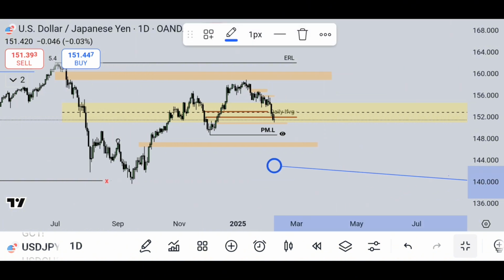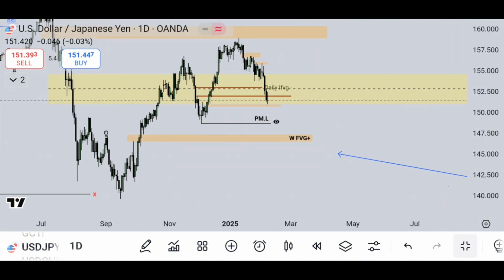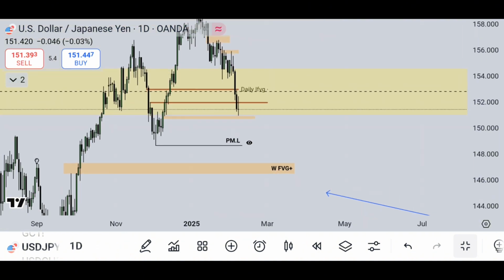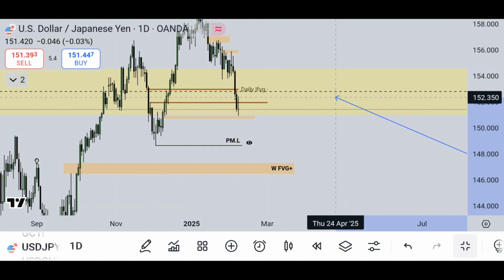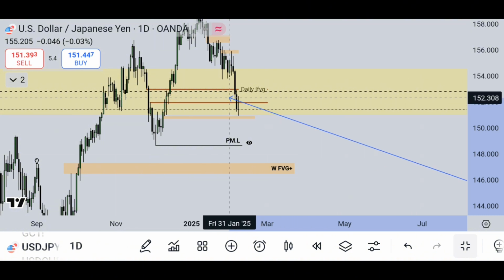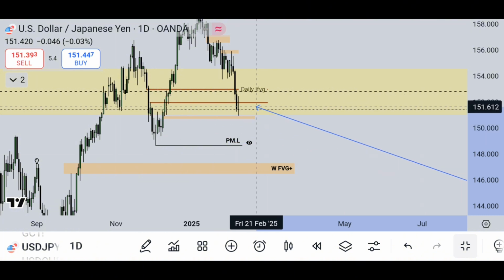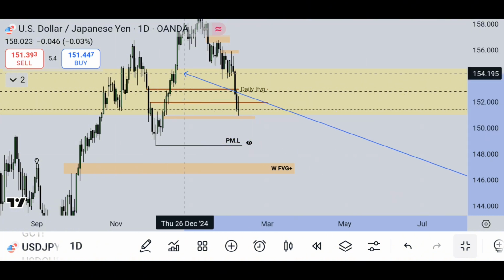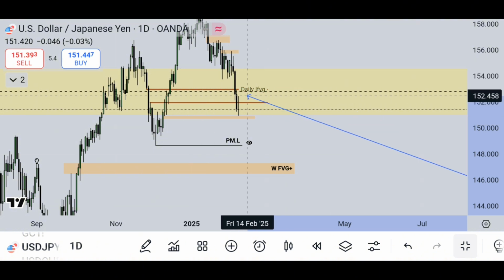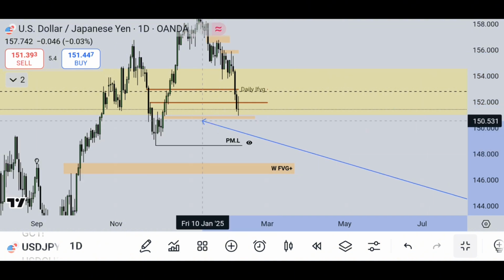So guys, from the daily time frame, you can see that within this monthly inverse FVG, we also had the same thing on the daily time frame. You can see that this was a CB, and it got inversed with this bullish move. So we could have anticipated a rejection if price was to buy.